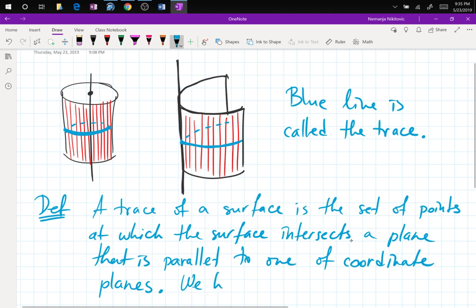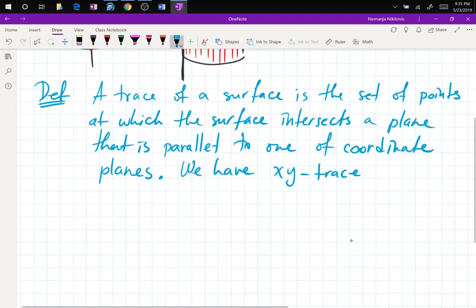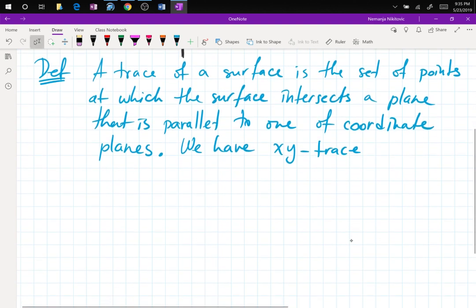We have the xy trace, yz trace, and xz trace. For every object we have those.